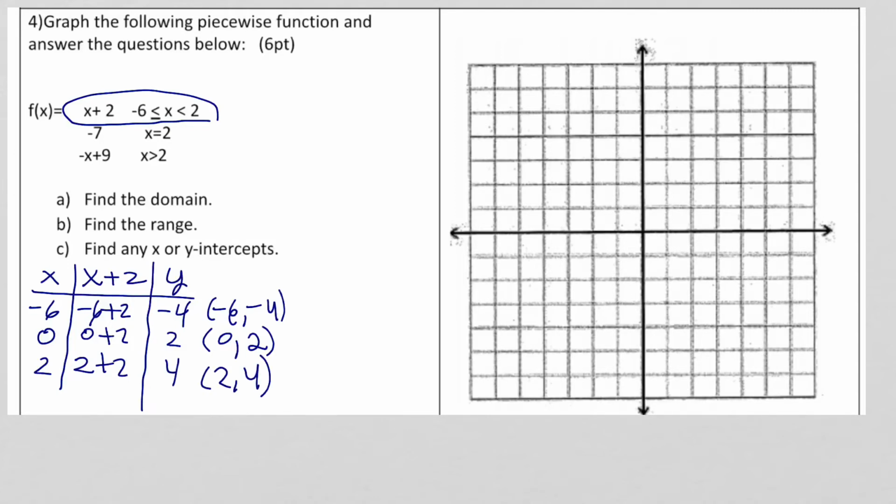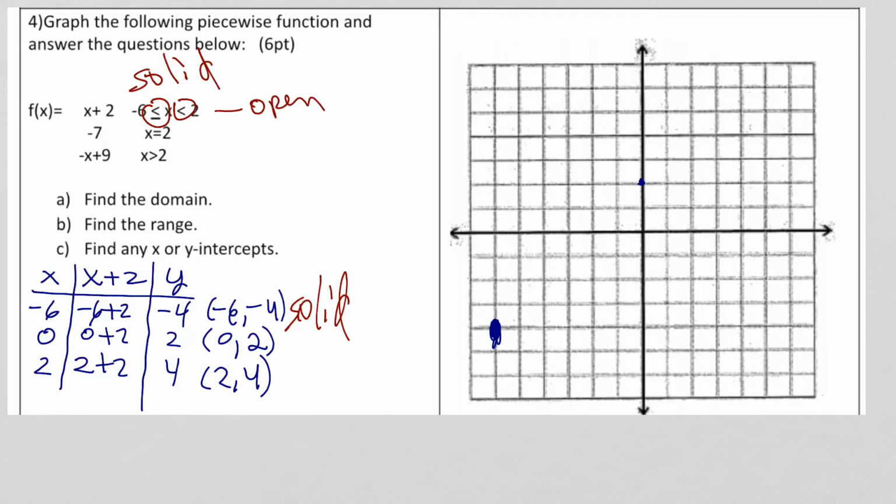Before we plot, let's see about our symbols. Don't forget, an equal sign means it's a solid dot. So the point I make here is solid. Let's plot this. -6, -4 is a solid dot. 0, 2 is solid because it's in between -6 and 2. For this one, because it's got no equal sign, it's open.